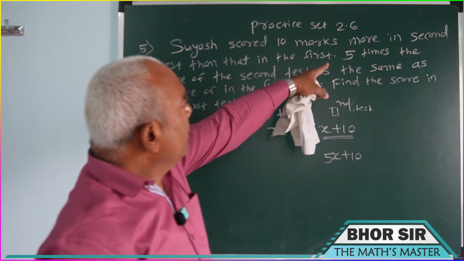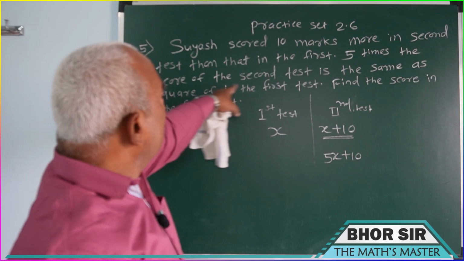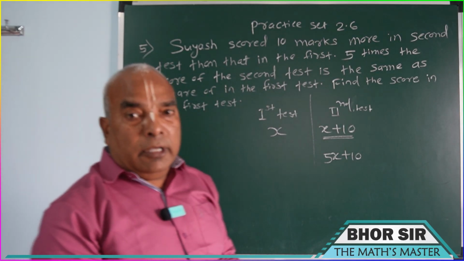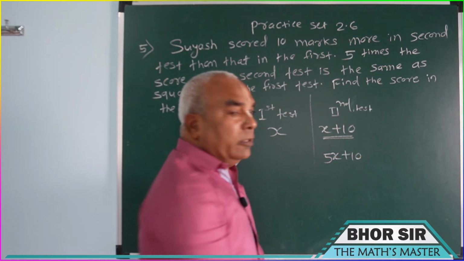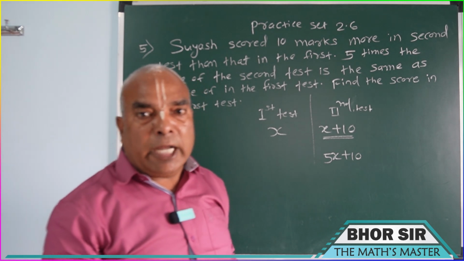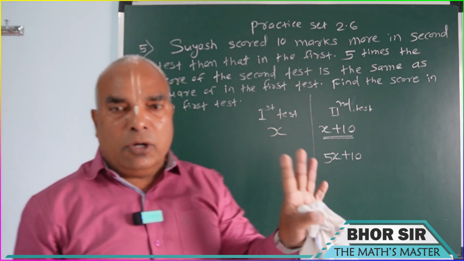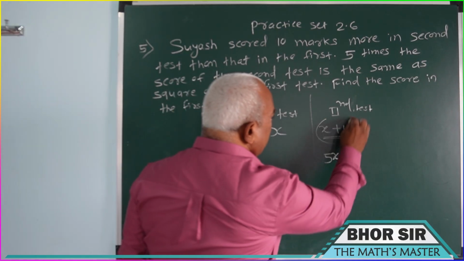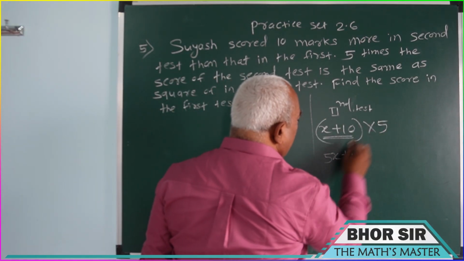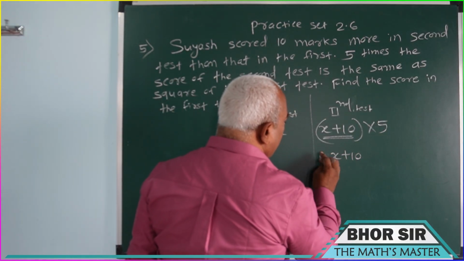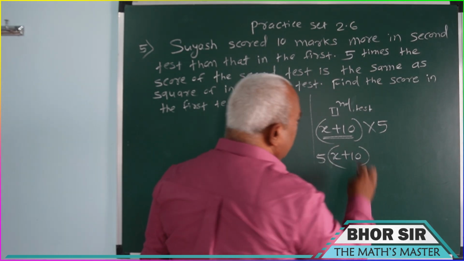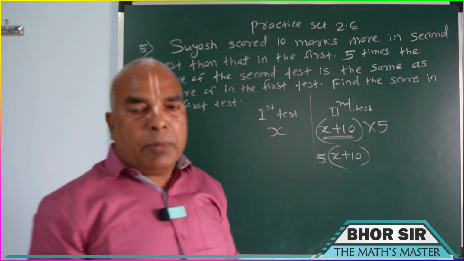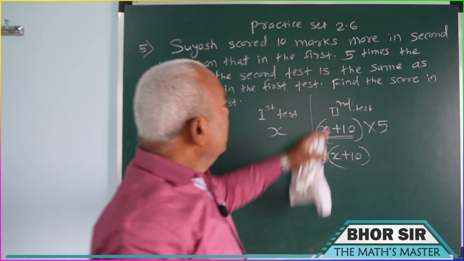But it is 5 times the score of the second test, so 5 times of x plus 10, not 5 times of x only. It should be 5 in brackets x plus 10. This should be 5 times the second test score.